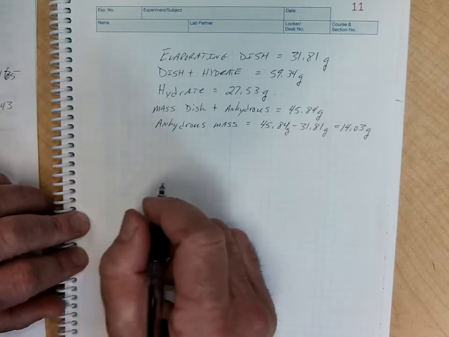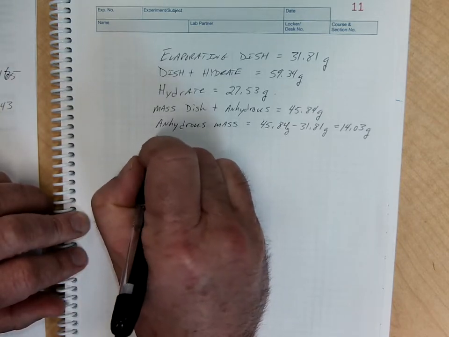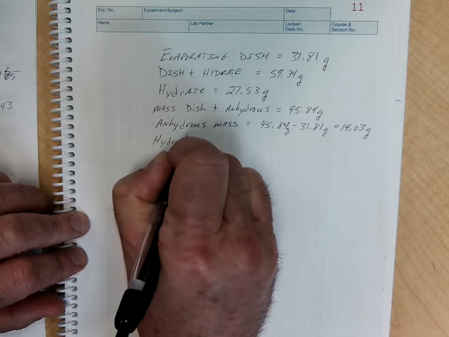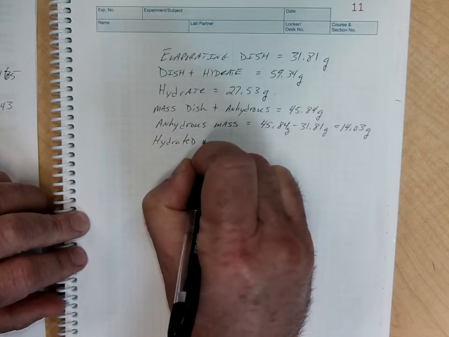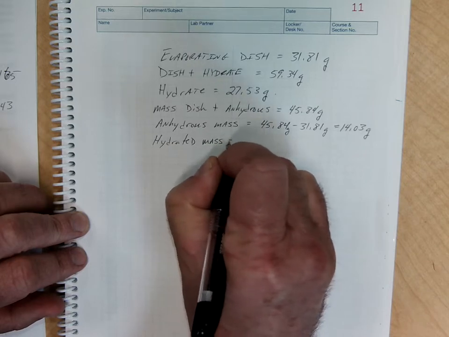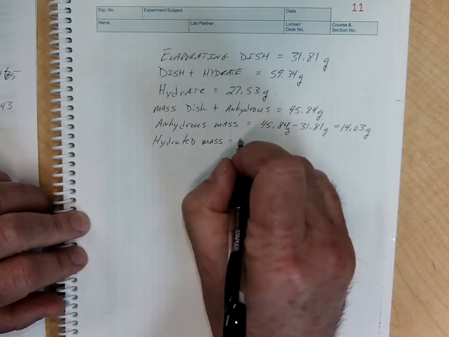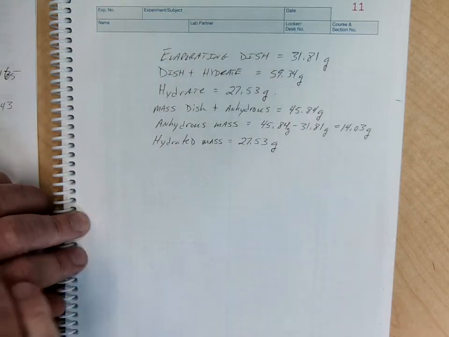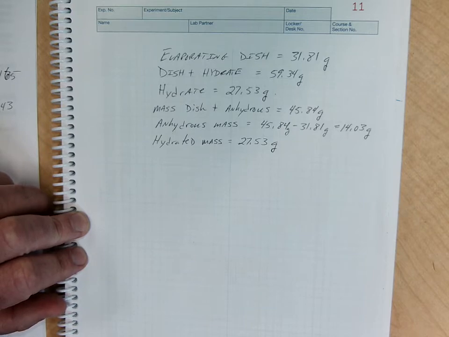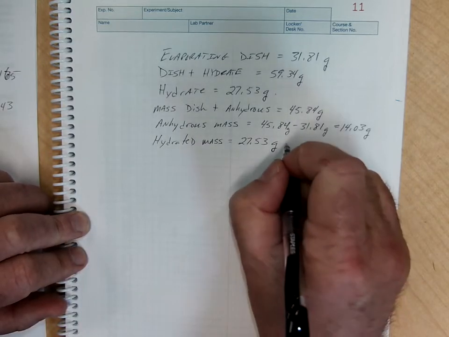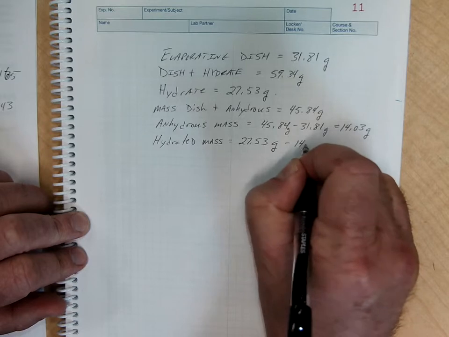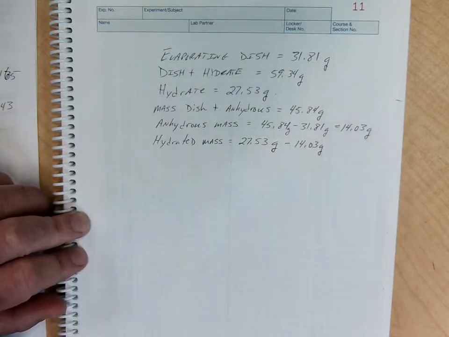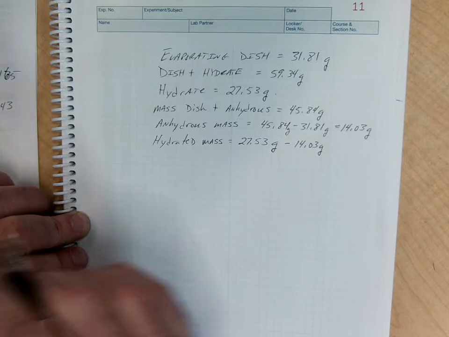Alright, so now we have some numbers to work with. We have the hydrated mass, that is the magnesium sulfate with the water. The hydrated mass is 27.53 grams, and we need to subtract from that the anhydrous mass, the 14.03 grams, because that's the mass of the magnesium sulfate without the water, and what we'll have is the mass of the water.